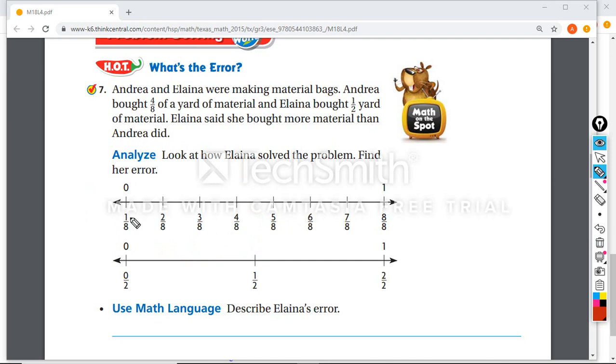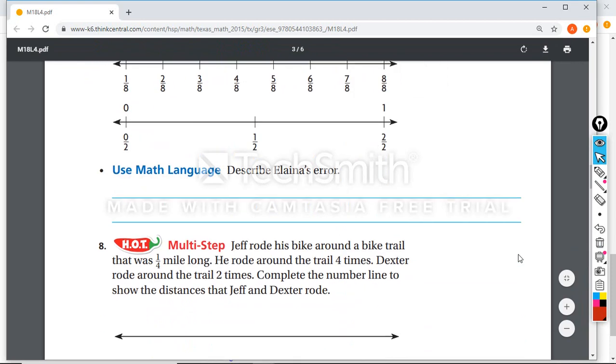Hope you saw that. It's a little tricky because you're just looking at the plots. If you looked at the plots, this one would have been half, and this one would have been 4/8. You'd say, hey, 4/8, 1/2 is good. Look, it's farther along on the number line than 0. Yes, but they did not start this one with 0. That's the key right there. Hope you caught that one.